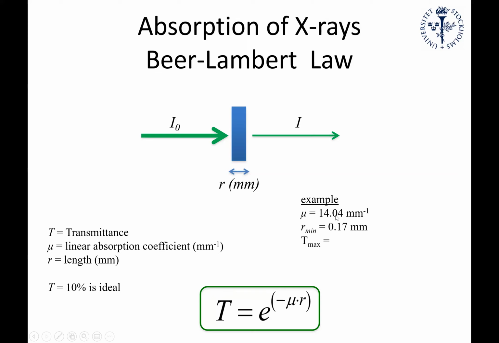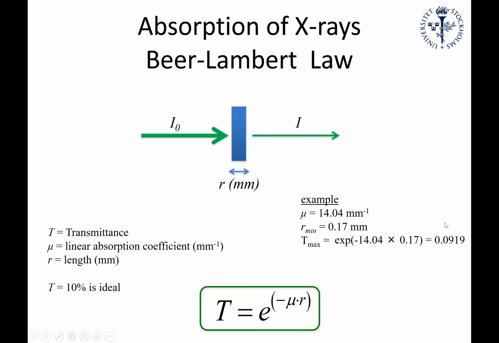But let's say the length of the crystal in this direction is 0.17 millimeters. You can just throw these values into the equation, and you can work out that the transmittance is, in this case, 0.09. So 9%. It's quite close to 10%. So that's quite a good transmittance. This combination of this linear absorption coefficient with that thickness of the crystal is quite ideal.